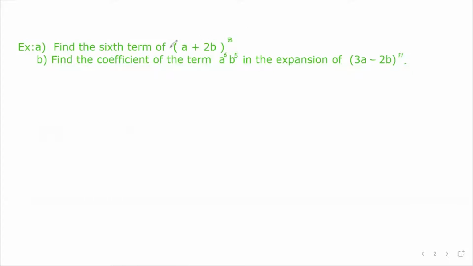So now we use the formula of the specific term. I write it down here. T means term, okay. T subscript r plus 1 equals nCr. A, like a or x, you can use either.